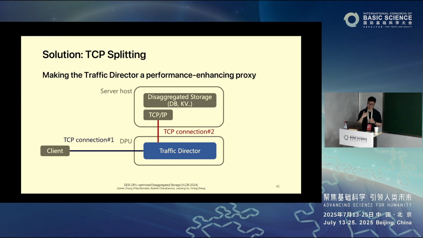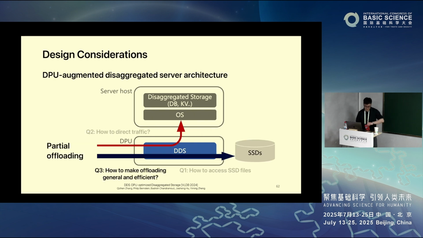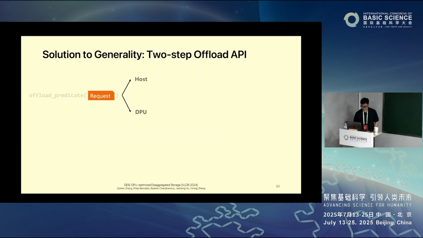If we forward it to the host, we use the second connection, from the DPU to the host. Although the idea seems simple, it's very challenging to run a TCP/IP stack on the DPU. So we did a lot of optimization to make sure that this traffic director will not become the performance bottleneck. All right, I'm going to skip the last one.